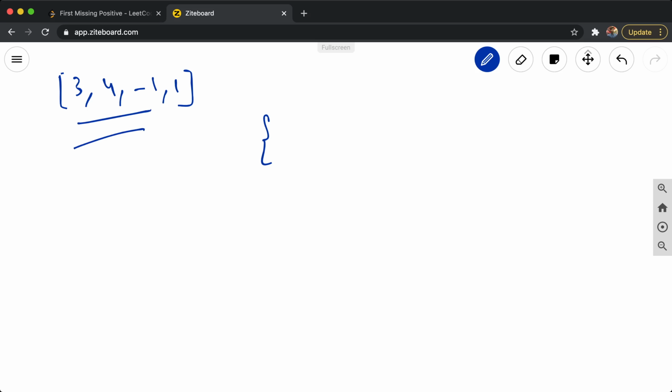So n is 4. So we'll initialize 4 elements for the first 4 positive integers: 1, 2, 3, and 4. They're initialized with false initially because we are assuming they are not present in the array.